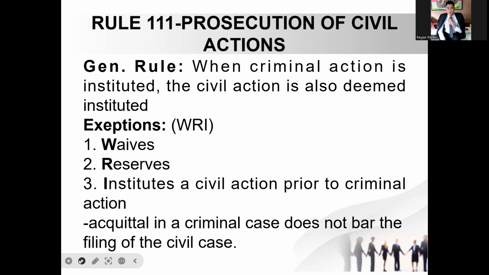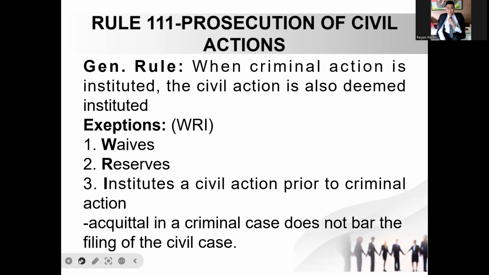Ibig sabihin, magbabayad siya, makukulong siya. Of course, ang worst, kapag police officer ang na-involved sa corruption, tatlo yan ang titira sa kanya. Halimbawa, convicted siya sa crime in relation to his duty. Kapag convicted siya, makukulong siya, magbabayad siya ng mga danyos.